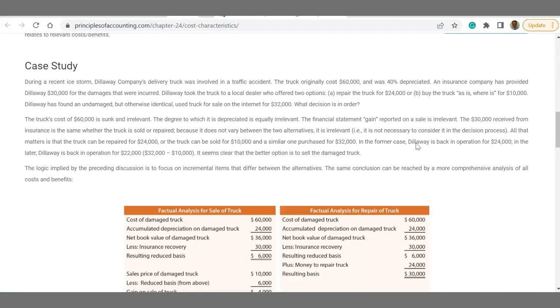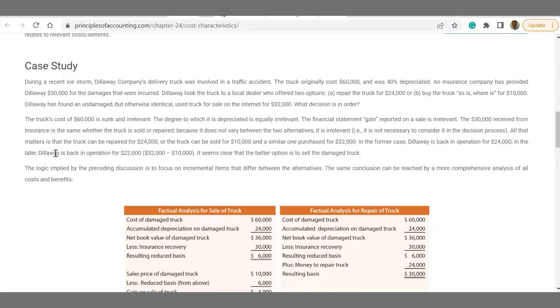In the former case, the company is back in operation for $24,000. If they spend that, they will be back to normal again. That's why it says if they spend $24,000, they will be back in operation.